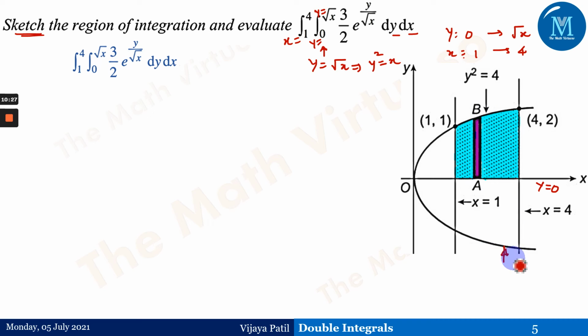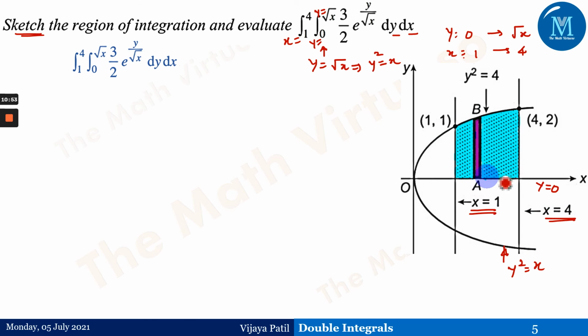I've written here y square equals x is the parabola, and therefore we have y equals 0 and y square equals x as the other curve we have drawn. Then x equals 1 is this line, and x equals 4 is this particular line.